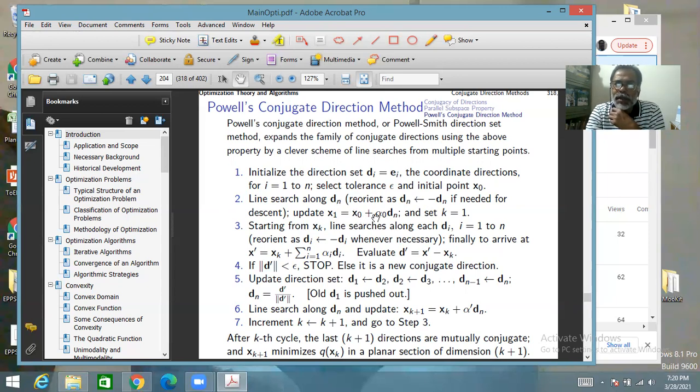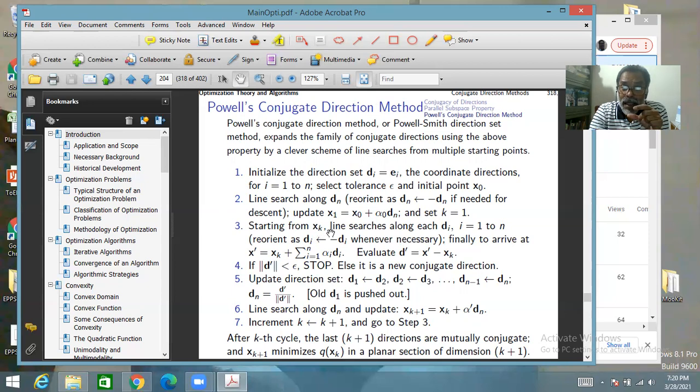Conduct this line search and update. Call the point x1. And now the iterations actually start. Put k equal to 1, basically cycles start. Starting from this point, x1, for the time being; in the next cycle it will be from x2, next x3, and so on.